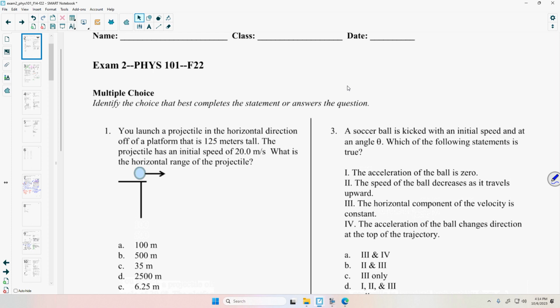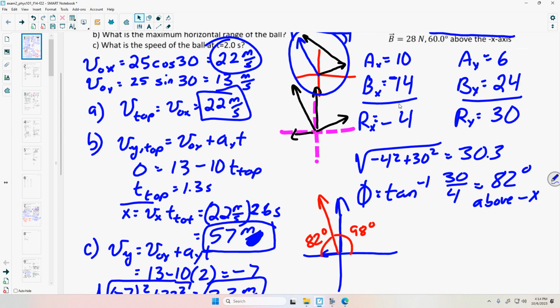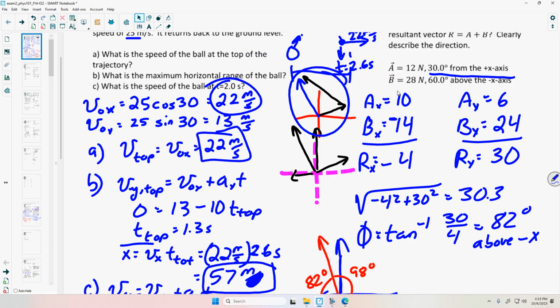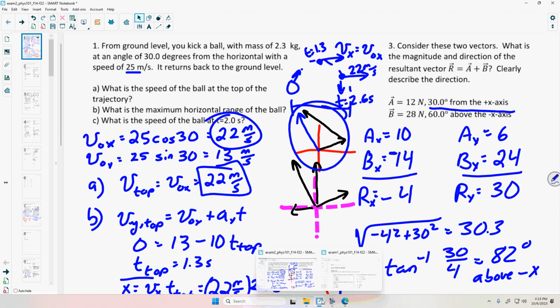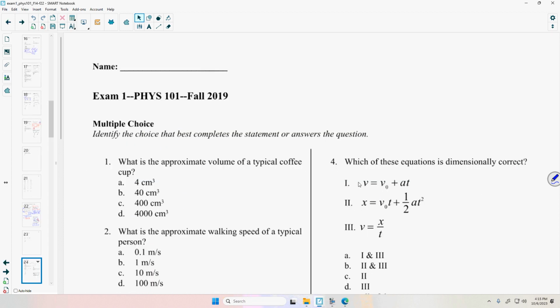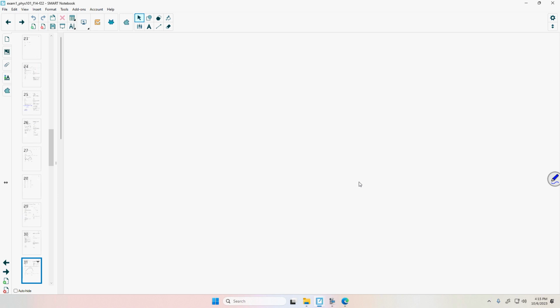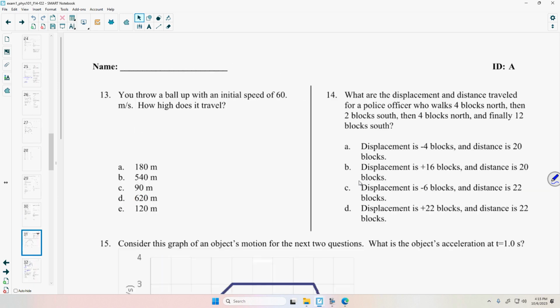Exam. Number what? Yeah, I think I've already done this one though. Yeah, I did it in class. All right. Let me find a multiple choice. We'll do a multiple choice. They're all the same anyway. So, exam 1. Okay, fall 19, number 11. Thank you.